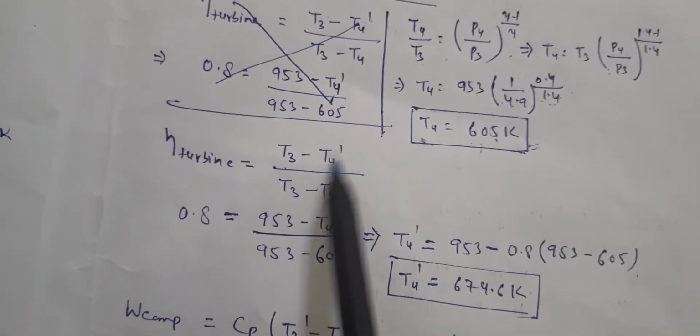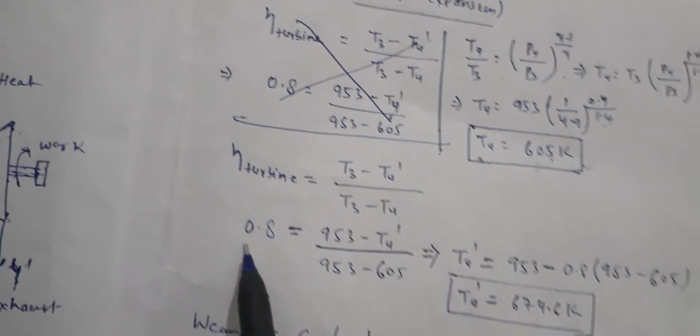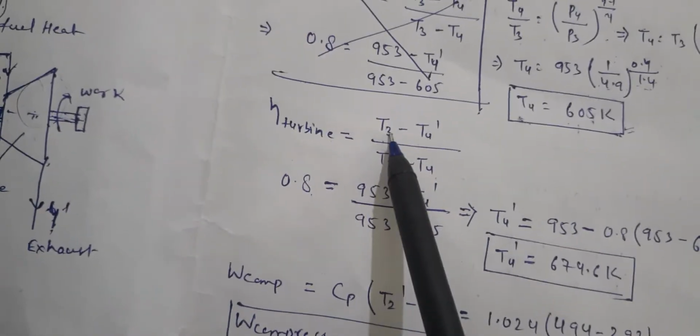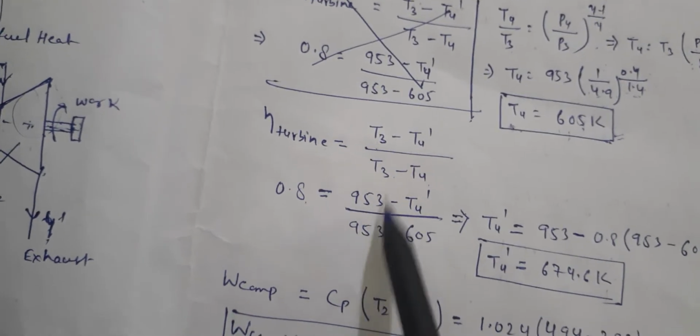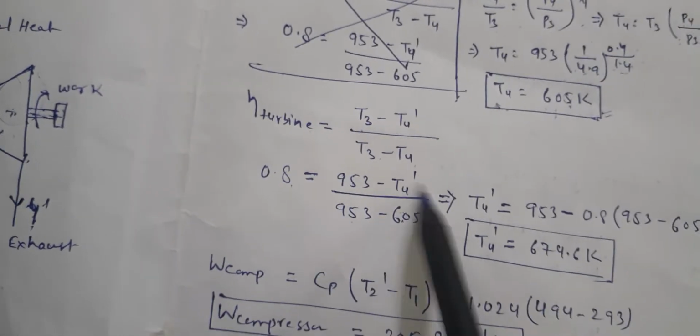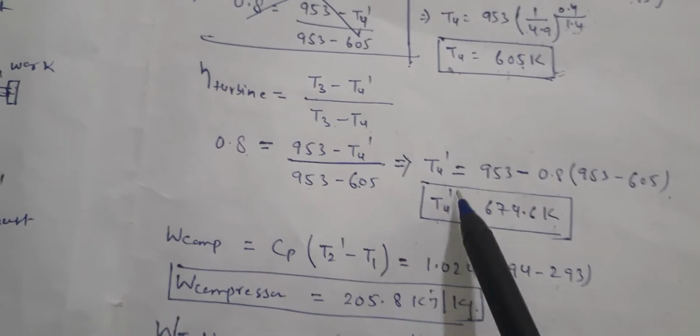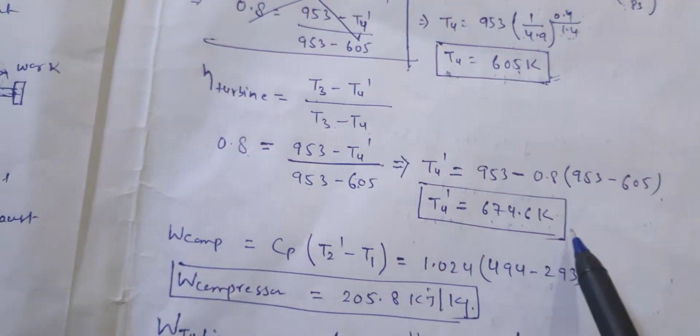The efficiency of turbine is given as 0.8, and T3 is given. After calculating this, we get T4 dash equal to 674.6 Kelvin.